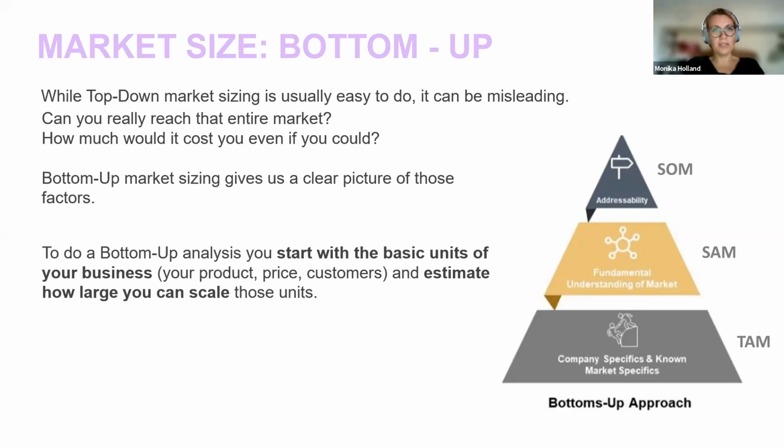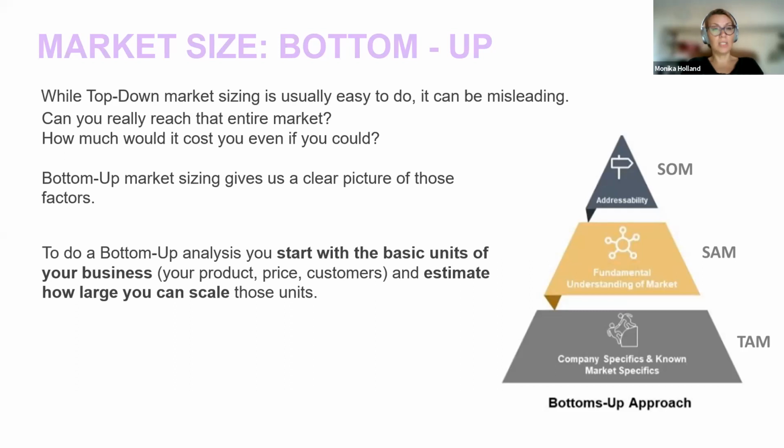So the top-down market sizing is usually easy to do, but can be misleading, because can you really reach the entire market? It's very unrealistic, and that's what we discussed also earlier. Can we really reach all the people that can download worldwide?